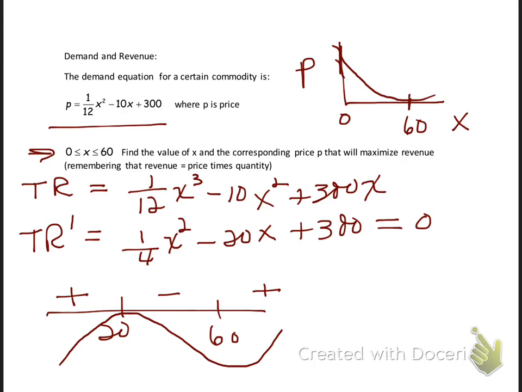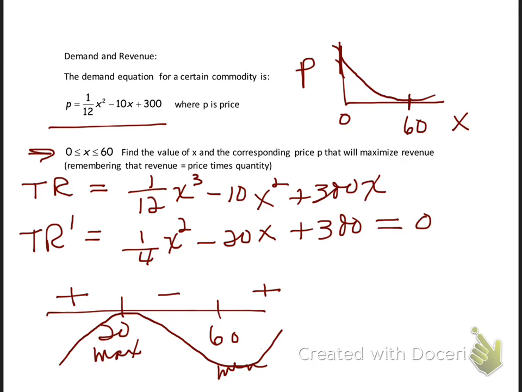So my statement is going to be, at the critical value of 20, the slope goes from positive to negative, and therefore I have a max, while at the critical value of 60, the slope goes from negative to positive, and that will give me a min. So I want to operate where x is 20.